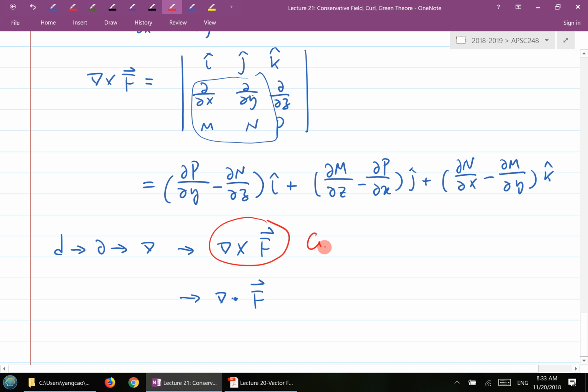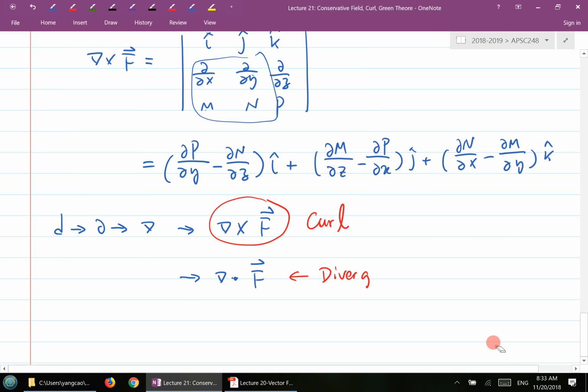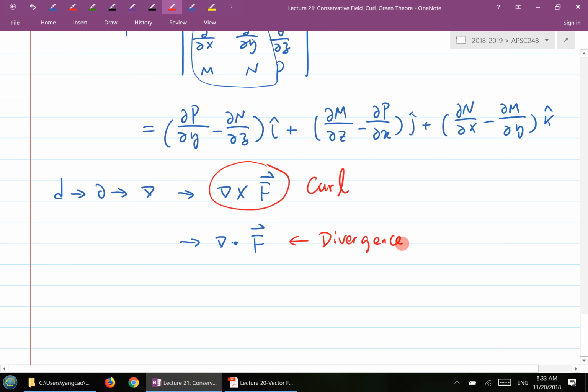This one here is called curl, and this one here is called divergence. So curl F, divergence F.